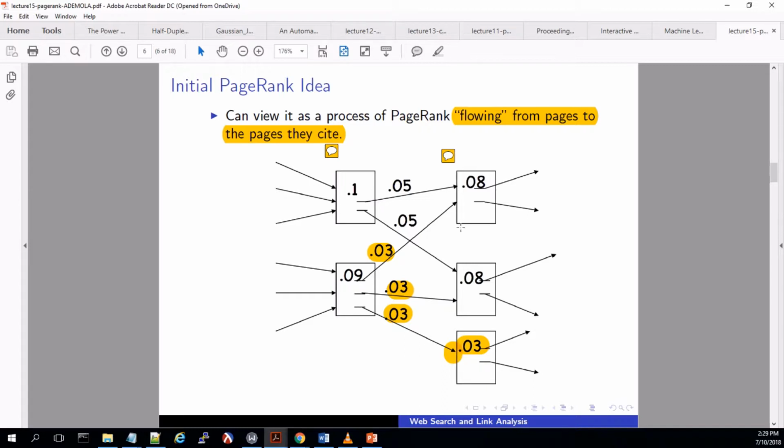Now, this particular page is deriving its weight, this 0.08, from the endorsements that are coming. It is being pointed to by 2 pages, these 2 arrows. So its weight is 0.05 and that of this is 0.03. That's what gives it 0.08. I hope you understand that.